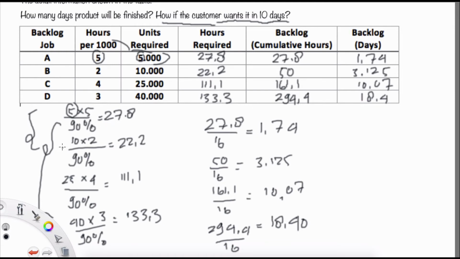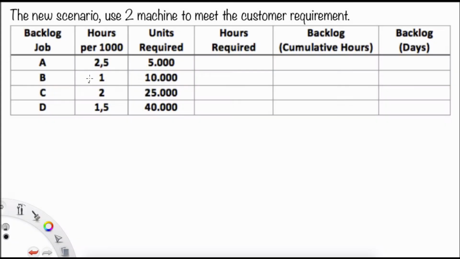So we will work using 2 machines. For the new scenario, we use 2 machines to meet the customer requirement, and we will check whether the backlog in days meets the requirement of less than 10 days.